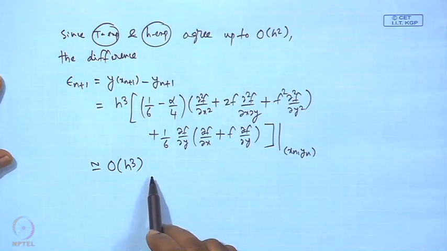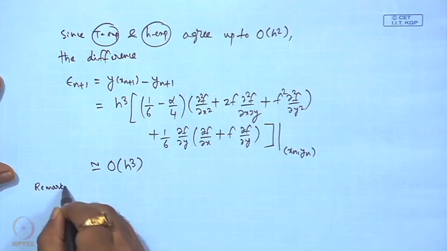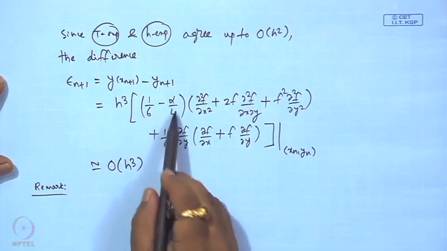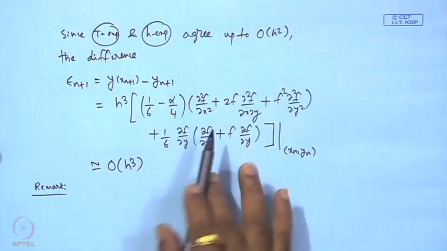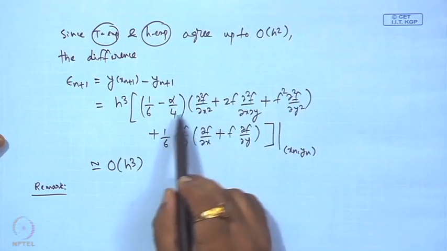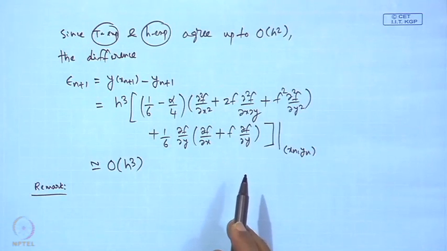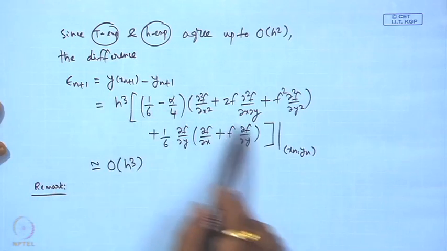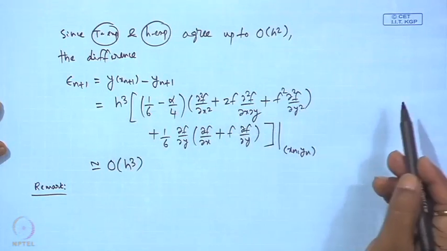One remark: here, for all f, not for a particular f, this is becoming 0. For all f, no choice of alpha will make the leading term vanish. What is the leading term in this? This is the leading term. Further you have h 4 etcetera.